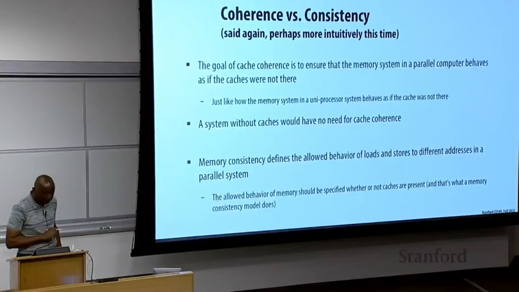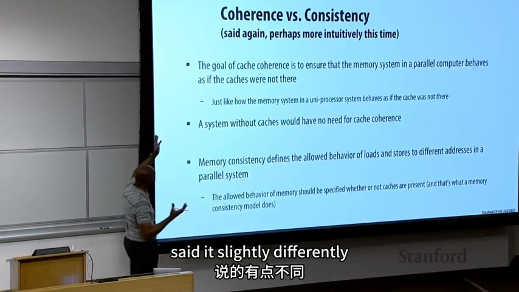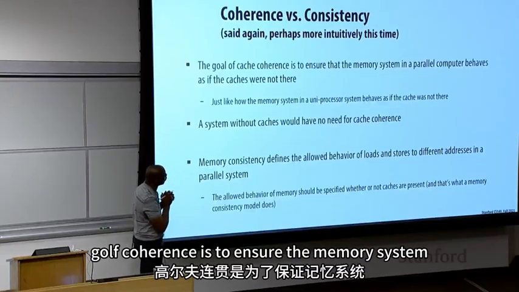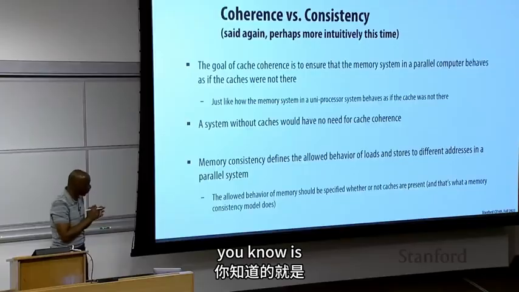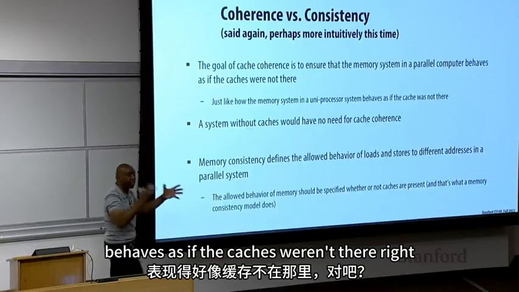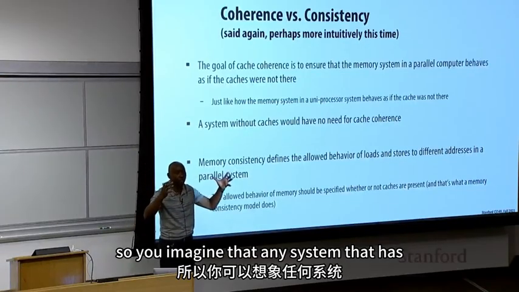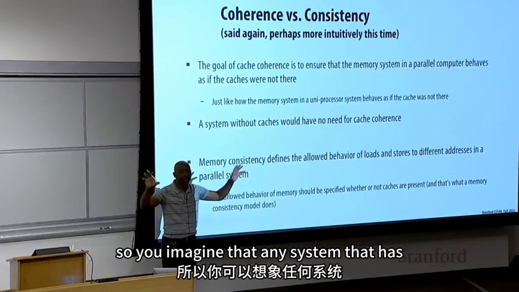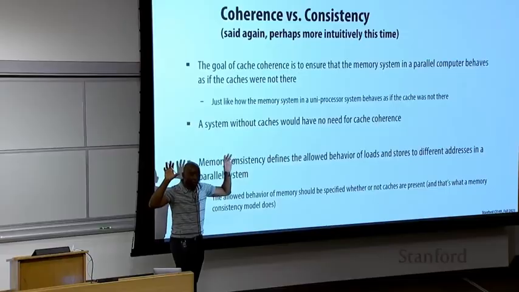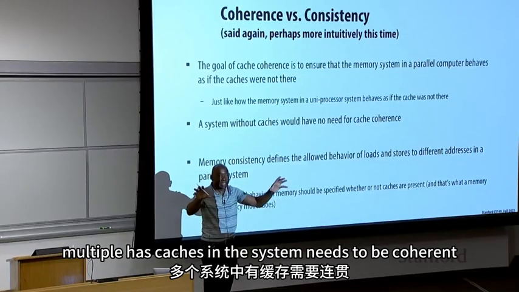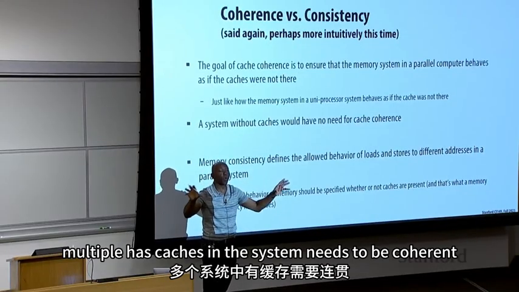Said slightly differently, the goal of coherence is to ensure the memory system behaves as if the caches weren't there. Any system that has caches needs to be coherent.